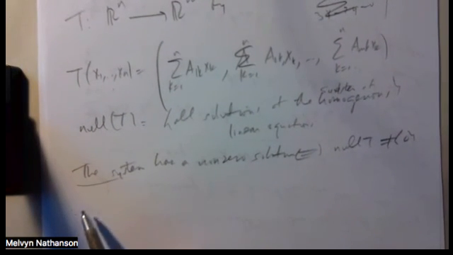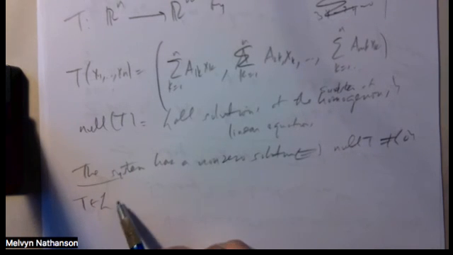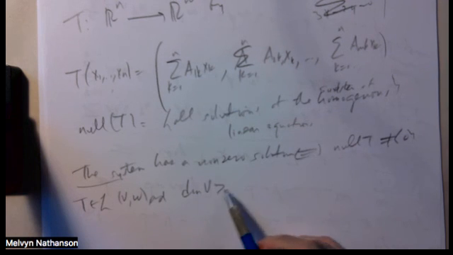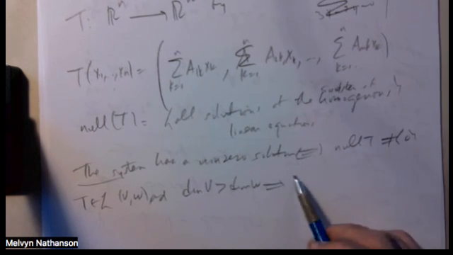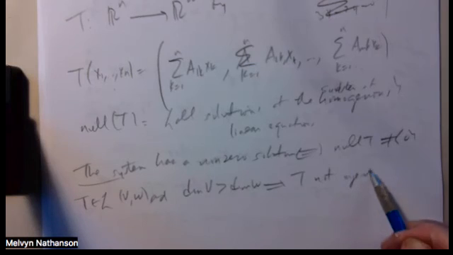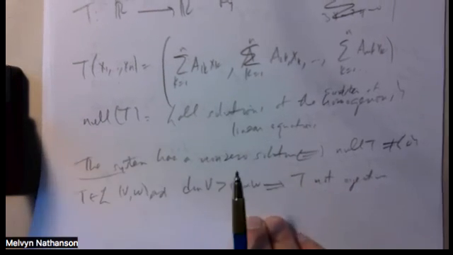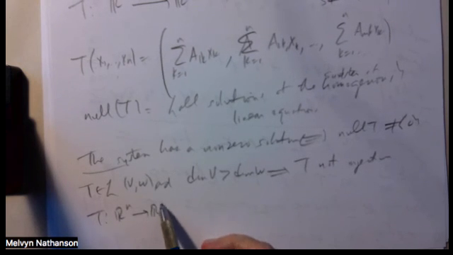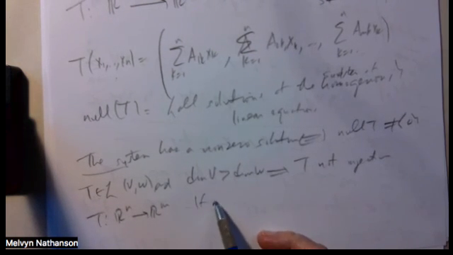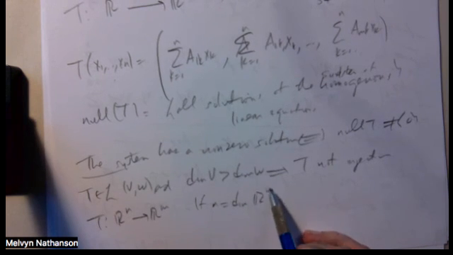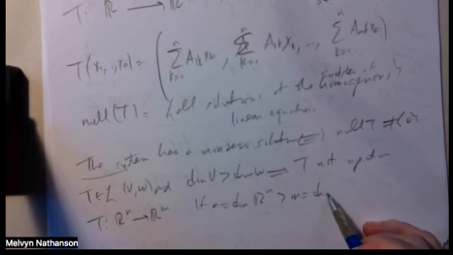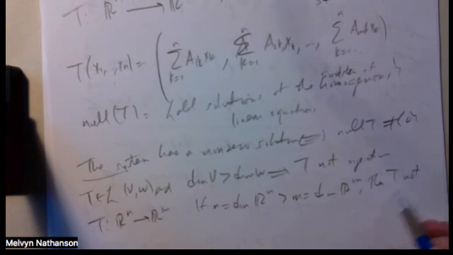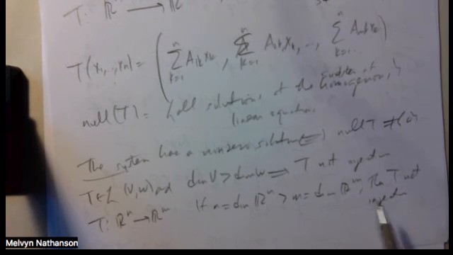So I proved a moment ago, if T is a linear map from V to W, and the dimension of V is greater than the dimension of W, then T is not injective. So here I have T from Rn to Rm. If n, which is the dimension of Rn, is bigger than m, which is the dimension of Rm, then T is not injective.